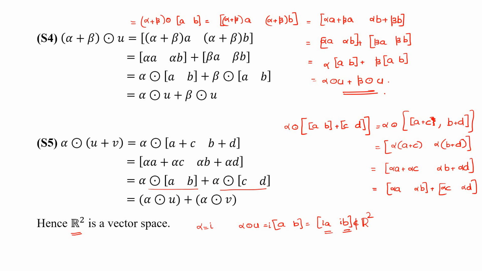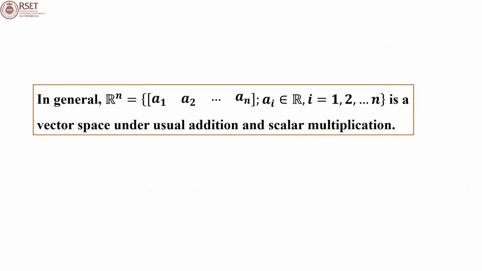R2 consists of all matrices of the form (a, b), where a and b are real numbers. So, if the scalars we consider are complex numbers, R2 is not a vector space. So, it is important to specify the set of all scalars.